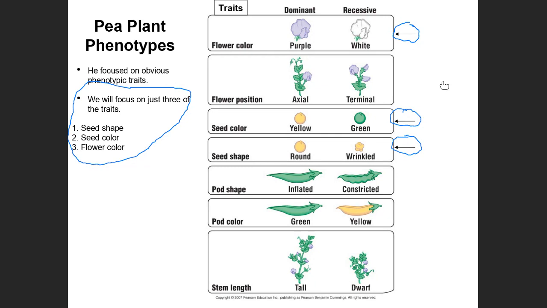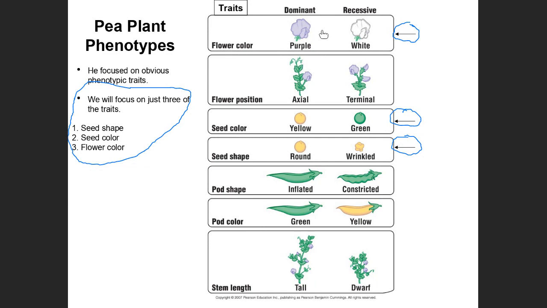For the experiments he conducted that are called monohybrid crosses, the mono meant that he focused on only one trait at a time to determine the pattern of inheritance, how it's passed on from parent to offspring, and then from offspring to the next generation of offspring.